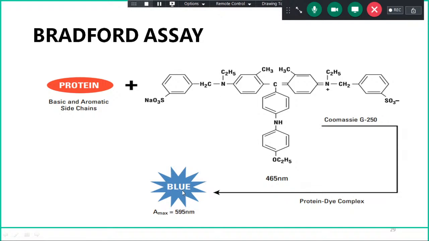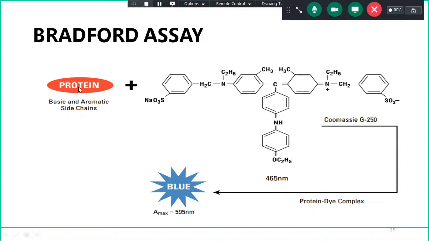So in this dye, the protein, when combined with this Bradford reagent, which is the unstable form, will convert it into the stable form, that is the unprotonated form, which is blue in color, and there is a shift of the absorption maxima from the acidic form. In the acidic form, it has lambda max of 470, and in the unprotonated or anionic form, it has lambda max at 595.